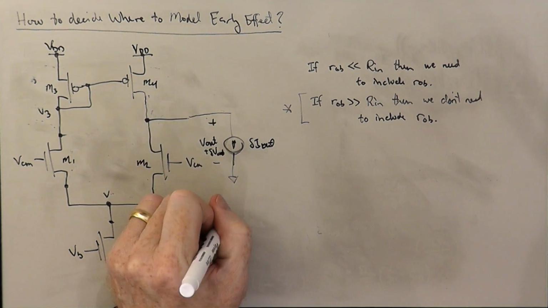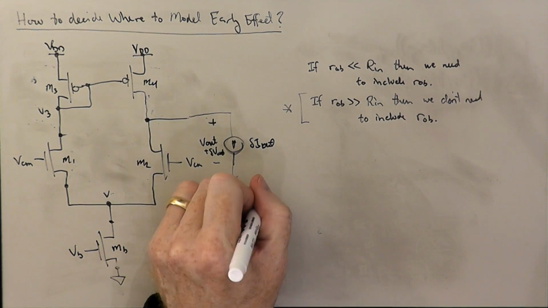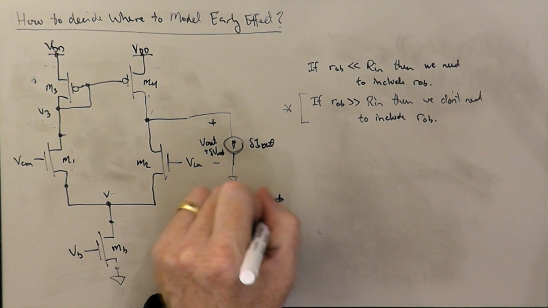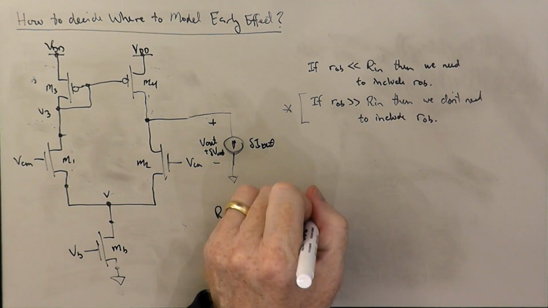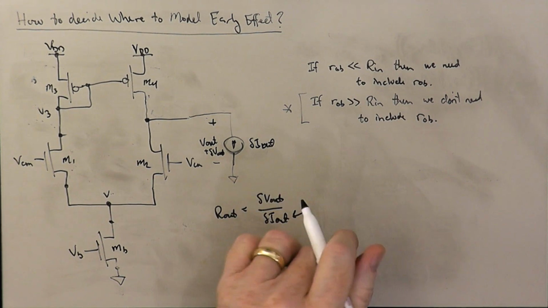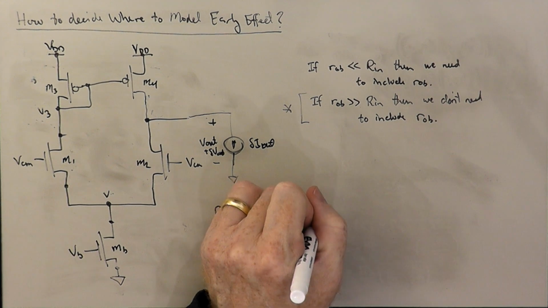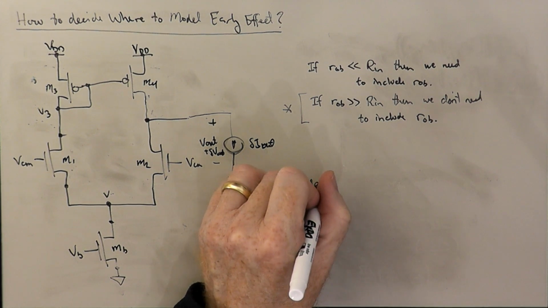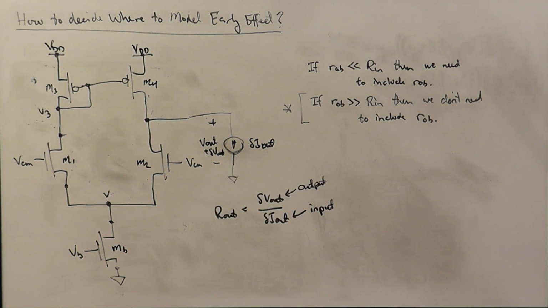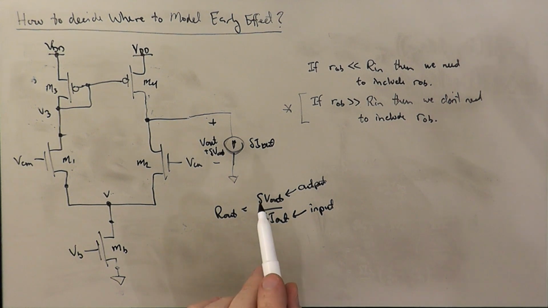So R out is equal to delta V out over delta I out. And this is the stimulus, or the input, and this is the output of our transfer function. Strictly speaking, this is the condition under which we are doing the calculation.